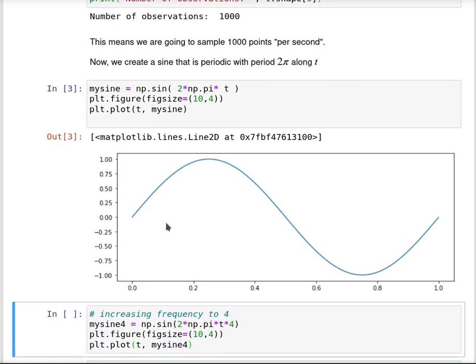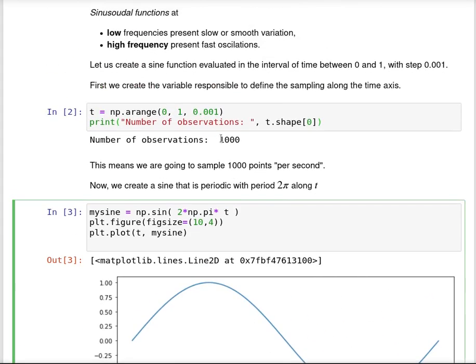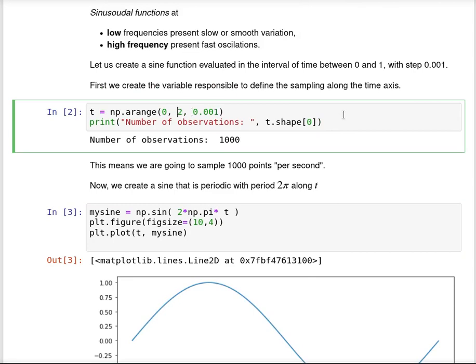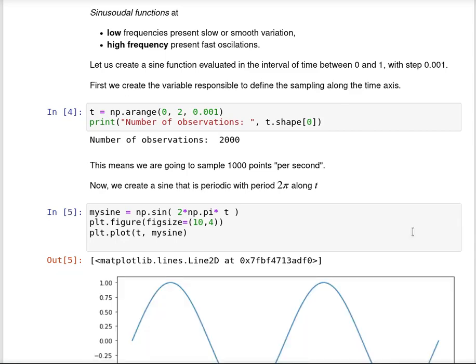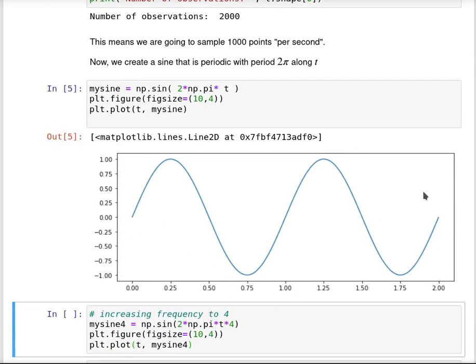And as you see here, this is a complete sine wave. It starts at 0, 0 and then it ends at 1, 0. This means that it has completed all its pattern of wave. If I, for example, change here and say that I want t to vary between 0 and 2, then I'm going to have 2000 observations, and then the pattern will repeat 2 times.